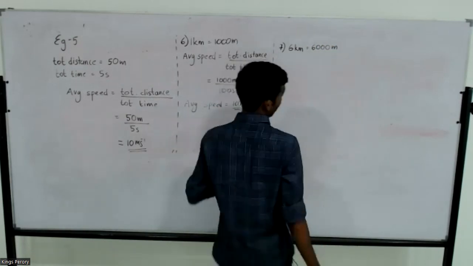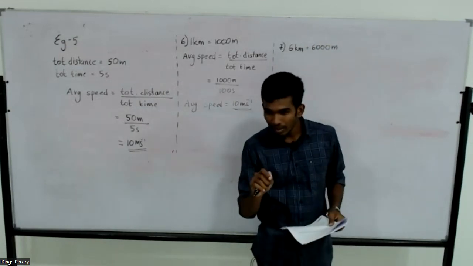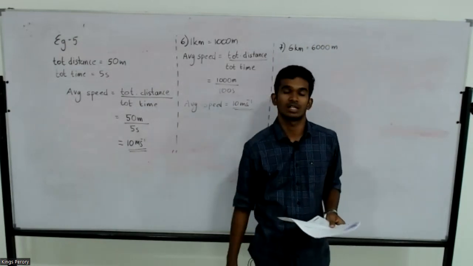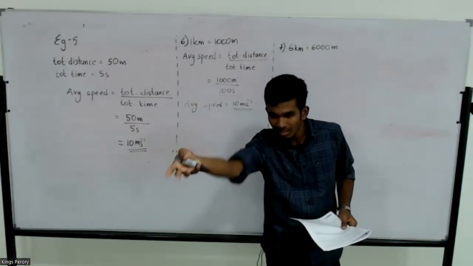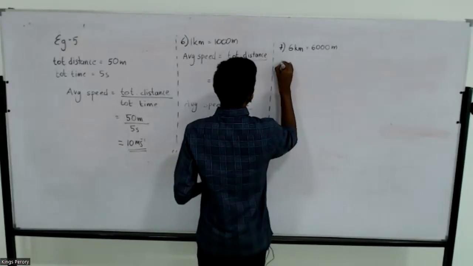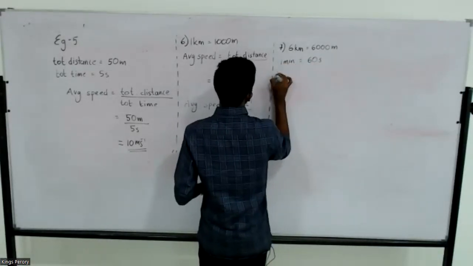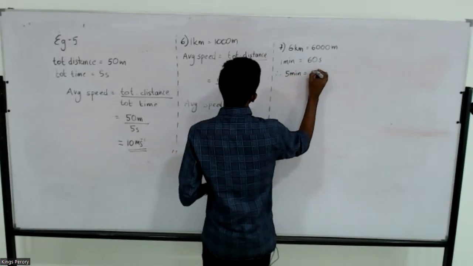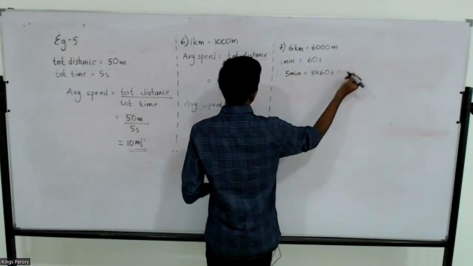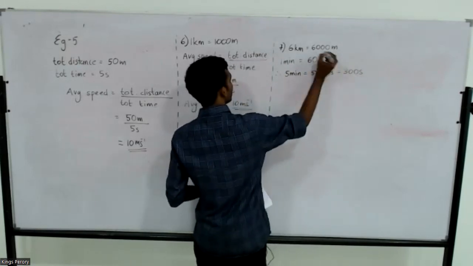In 5 minutes, time is given in minutes. 1 minute is equal to 60 seconds. Therefore, 5 minutes is equal to 5 into 60 seconds. How much? 300 seconds.